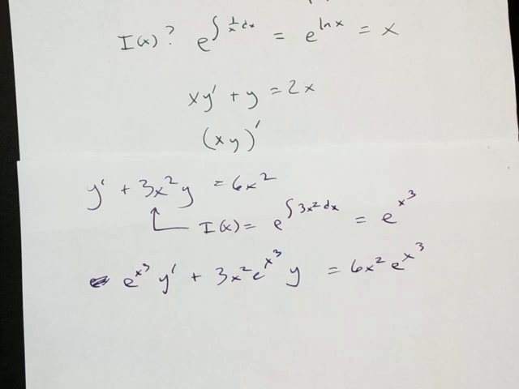Now, a lot of people are bothered, and I usually get questions, why did you put the e to the x cubed in the middle there? I always put the derivative of the inside out front when I'm doing e's. It's just force of habit. It's not required. But e to the x cubed, the derivative of the stuff is 3x squared. That makes this the derivative of this, and that means that this left-hand side is the derivative of e to the x cubed y.